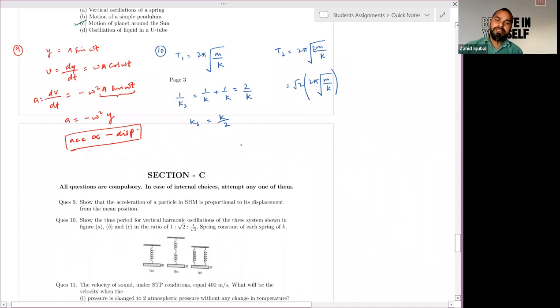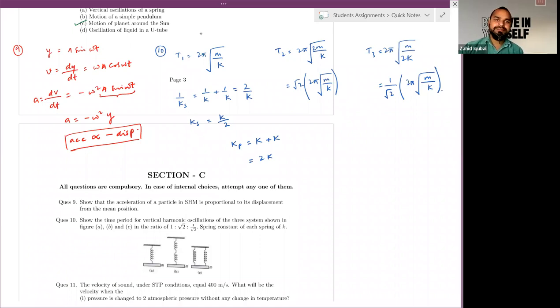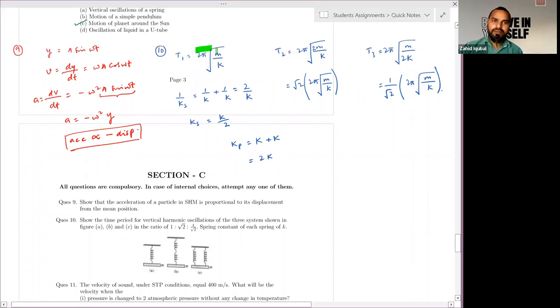Similarly, the third one is a parallel combination. According to the formula, k equivalent equals k1 plus k2, which is simply 2k. So time period will be 2 pi root of m by k, where k is 2k. So it will become 1 by root 2 times 2 pi root under m by k. Now, this term is the same in all three expressions.